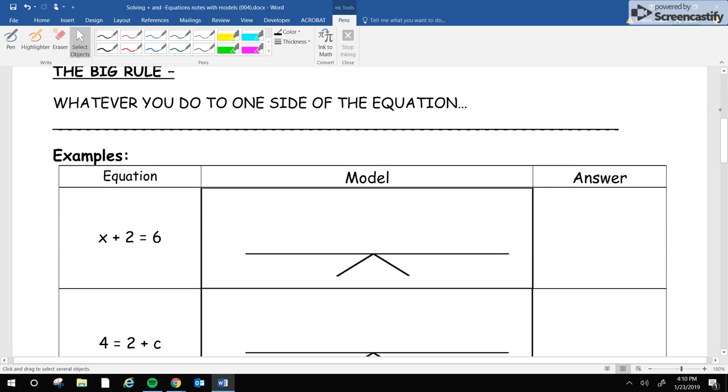So the big rule here is whatever you do to one side of the equation, you do the same on the other.